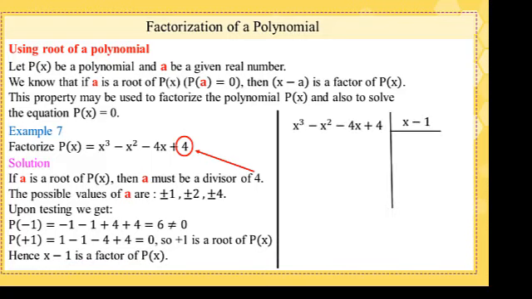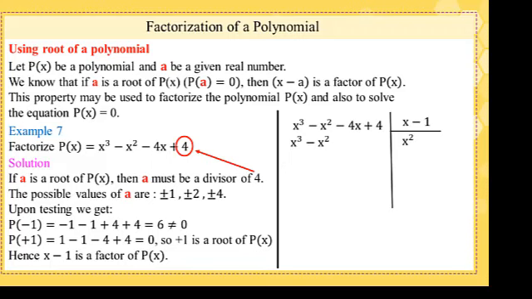Now we will divide x cubed minus x squared minus 4x plus 4 by x minus 1 using a classical division. X cubed divided by x equal x squared. Now we will multiply x squared by x minus 1. We get x cubed minus x squared.